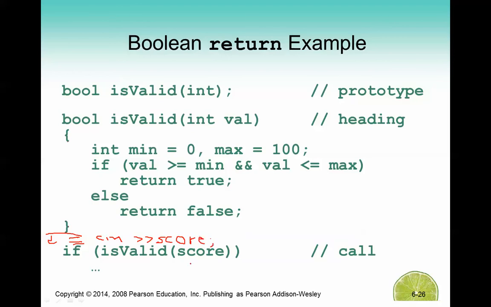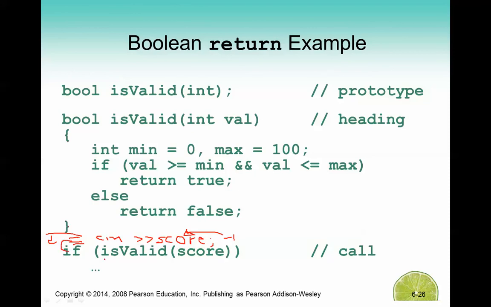I have score right here. So the user types a -1. So a -1 goes into score, right? Everybody with me?